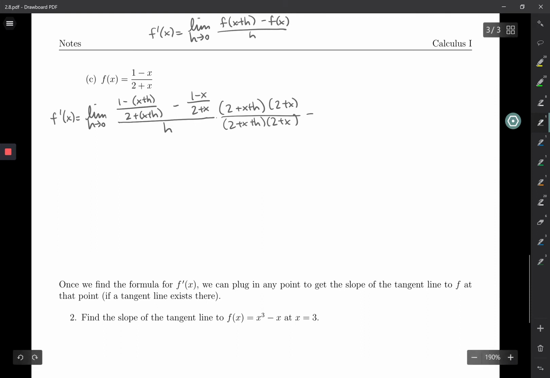Okay, so here, what we will get when we multiply is, let's put parentheses around this so that's clear. 1 minus x, I'm going to distribute that negative, so 1 minus x minus h times 2 plus x. And then in the second part, we have 1 minus x times 2 plus x plus h.